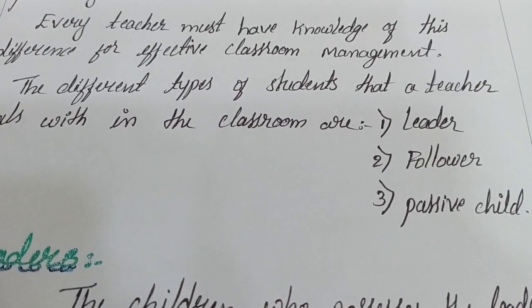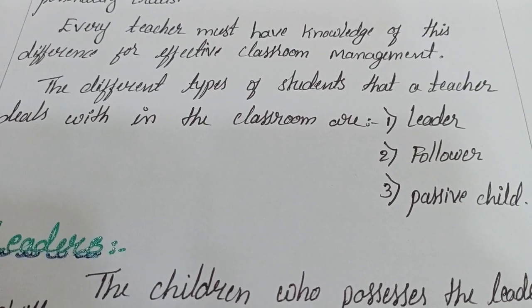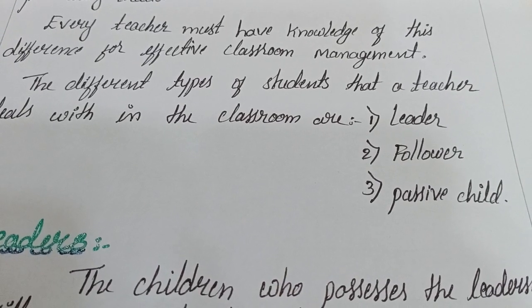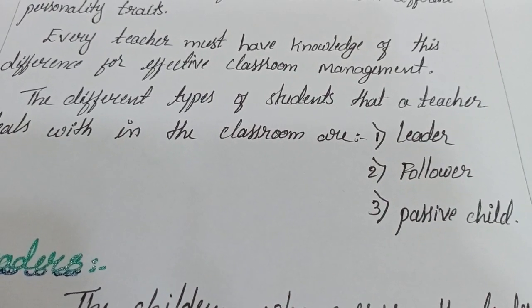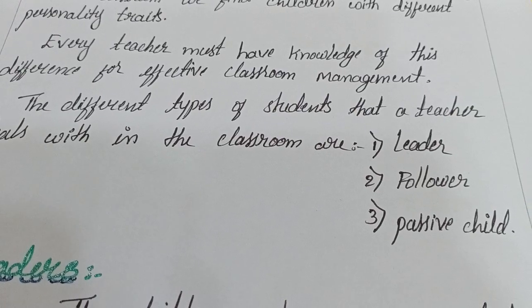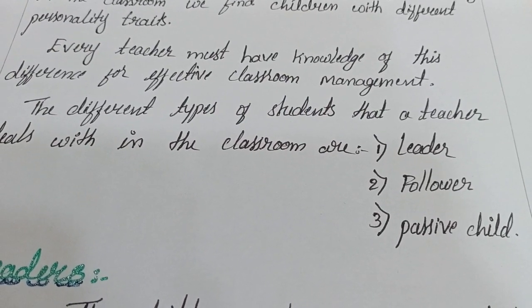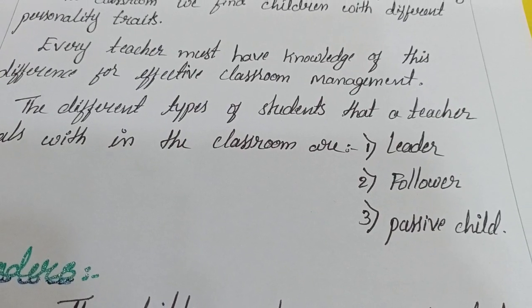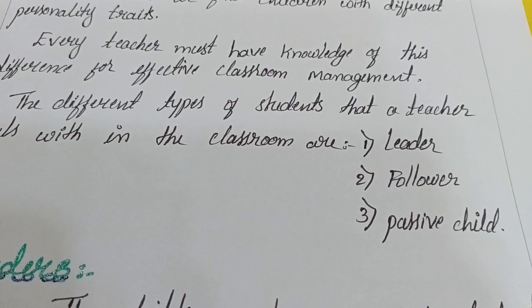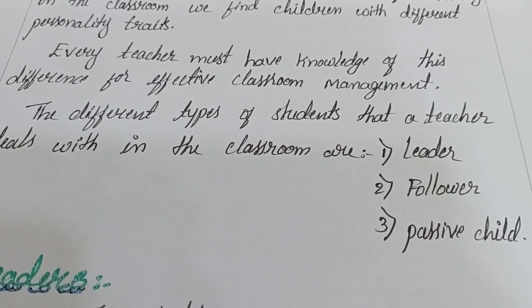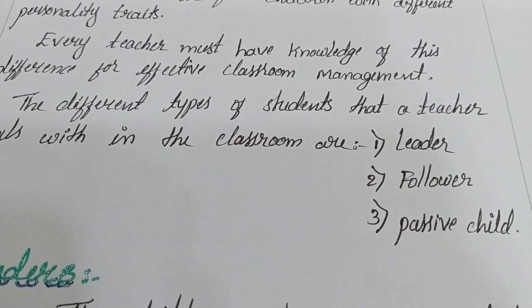The different types of students that a teacher deals with in the classroom are leader, follower and passive child. In the classroom we have three types of students. First is the leader, second is the follower and third is the passive child, because not all students in the classroom are equally clever.